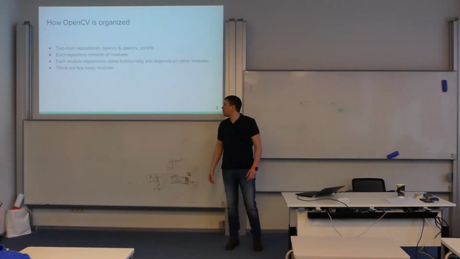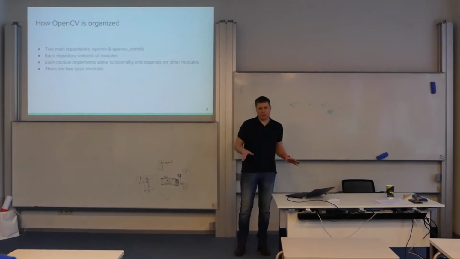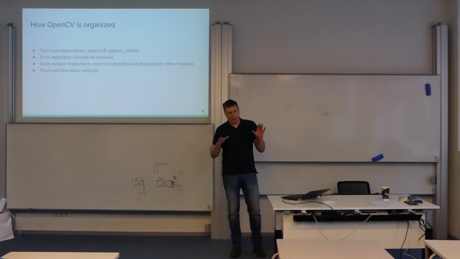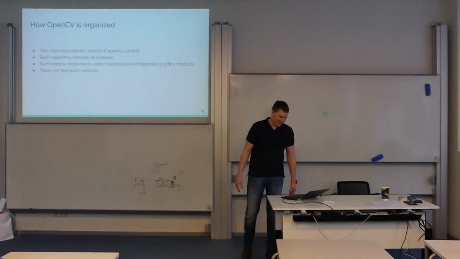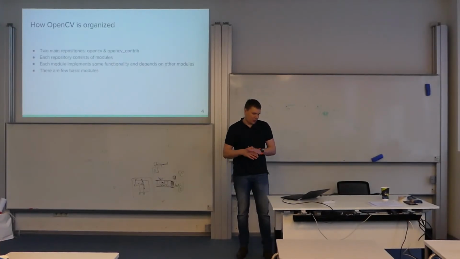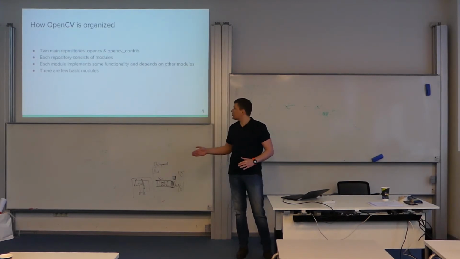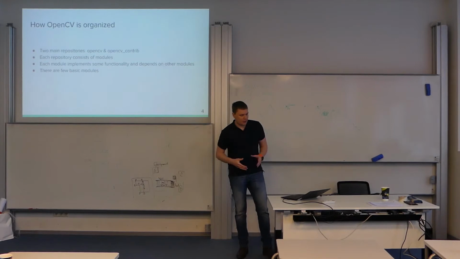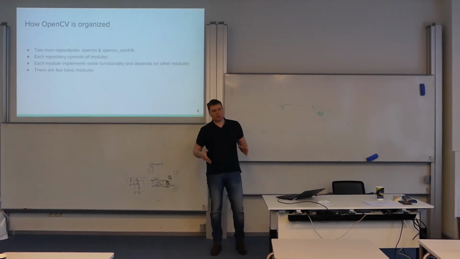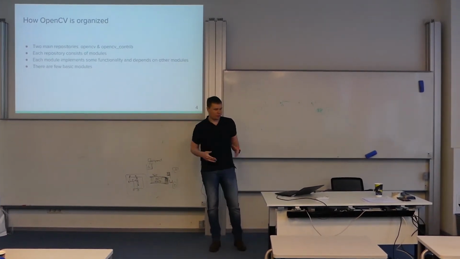A few words about how OpenCV is organized. Maybe some things will be obvious for you, but I hope you will learn something. So OpenCV includes two main repositories. It's OpenCV and OpenCV Contrib. OpenCV contains stable and well developed functionality.